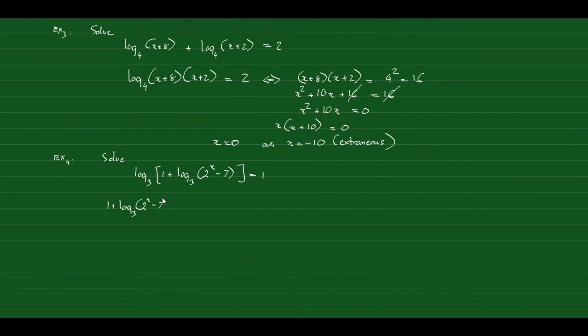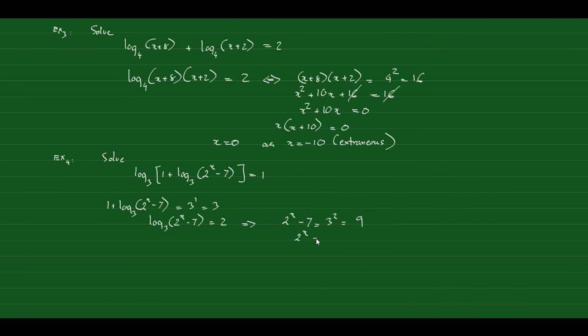So we just give you 1 equals log base 3 of everything inside the bracket, the argument, 3 to the first power, which is 3, and I subtract both sides by 1, which gives you 2. And now we see that we can kick them up again. You can apply the log principle a second time. So you have 2 to the x minus 7 equal 3 to the second power, which is 9.